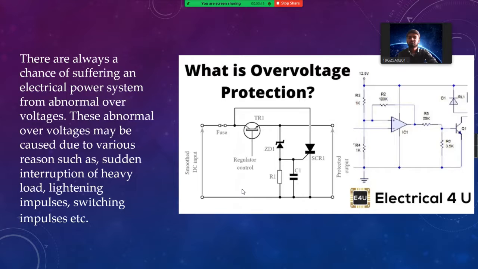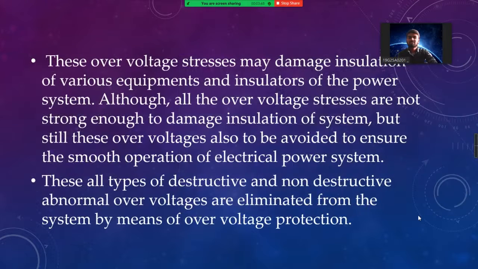These over voltage surge stresses may damage the insulation of various equipment and insulators of the power system. Although not all over voltage stresses are strong enough to damage the insulation of the system, these over voltages also have to be avoided to ensure the smooth operation of the electrical power system.